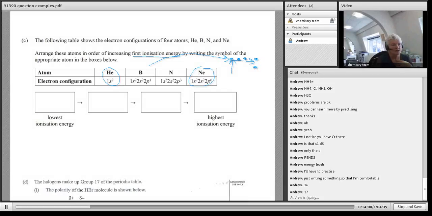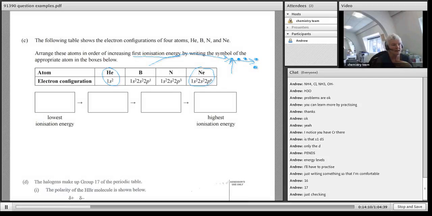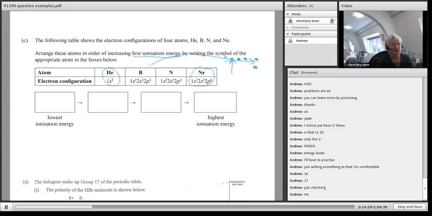So in terms of the highest one, which one would it be most difficult to remove an electron from? So just think of where they're at, the helium. So that would be over here.